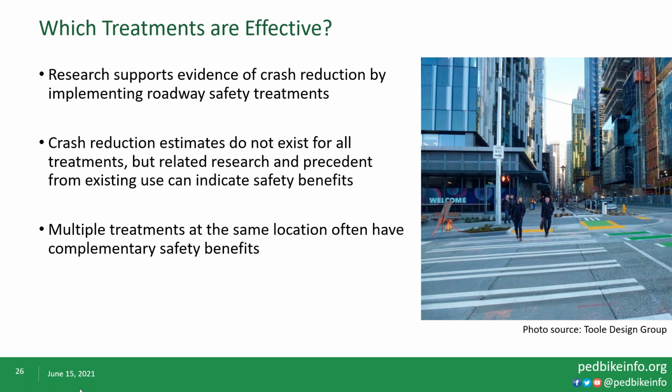You might hear that term, CMF, or crash reduction factor, CRF. But it's important to bear in mind that crash reduction estimates don't exist yet for all treatments, though there is a good body of related research and a lot of precedent from existing use of some of the more innovative treatments that can indicate the safety benefits. Next slide, please.